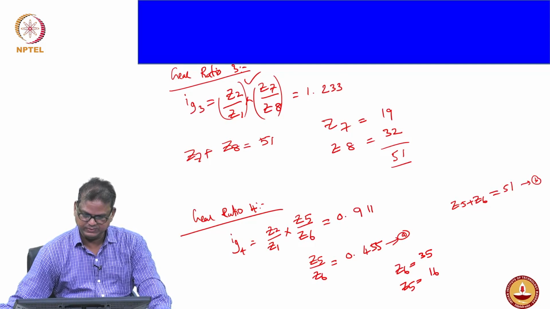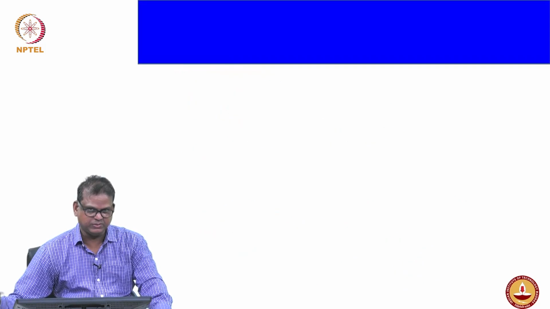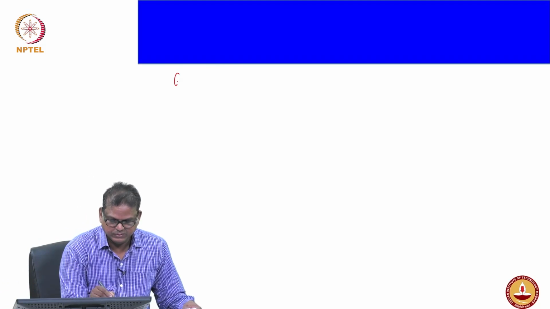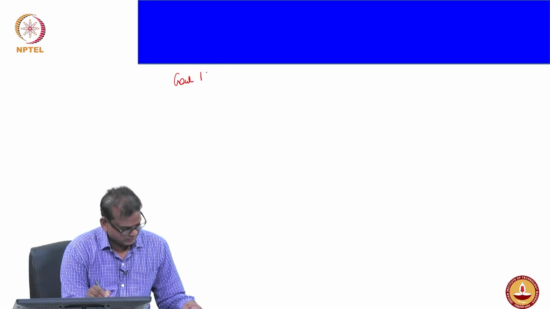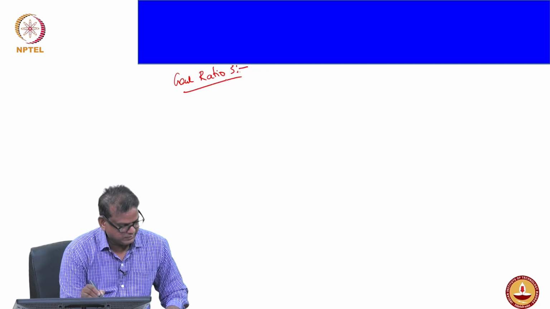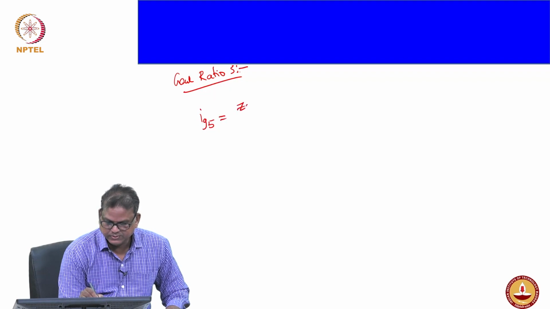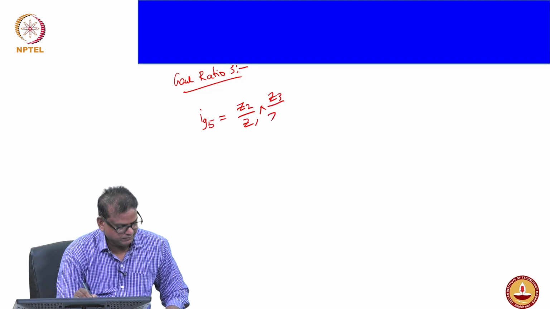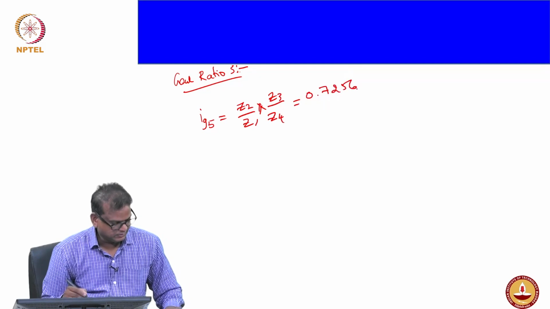Now we will move on to gear ratio number 5. Your Ig5 equals Z2 by Z1 into Z3 by Z4, which should be 0.7256.